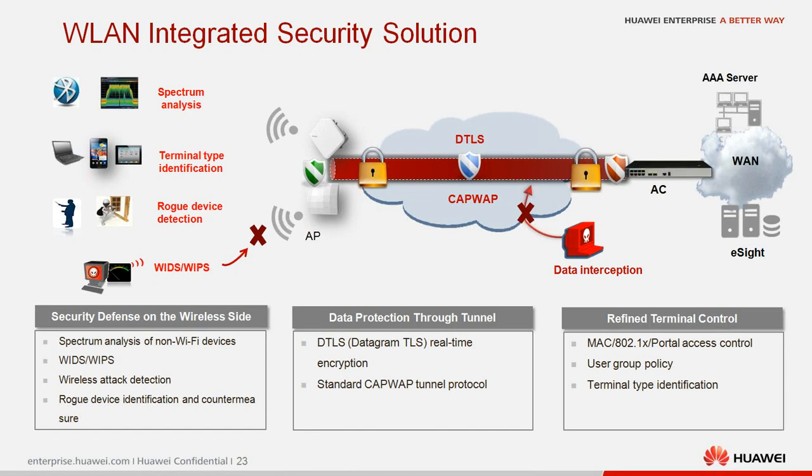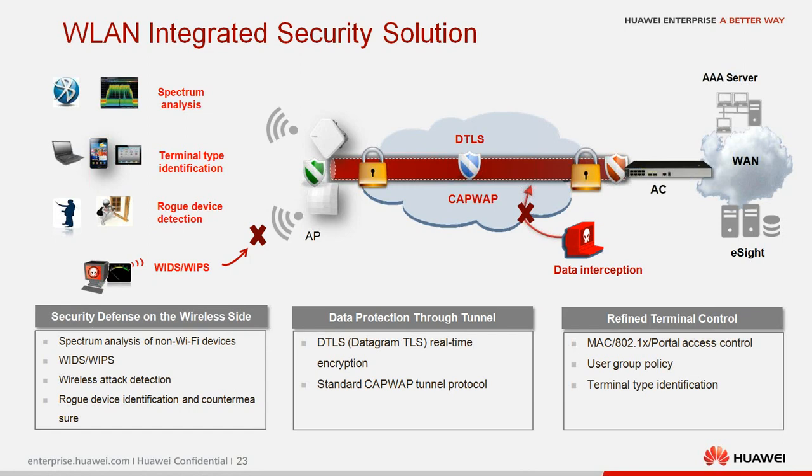Are you coming from an Apple iOS or an Android? Based on the operating system and the terminal type, we can enforce the policies accordingly. We can do rogue device detection. We can blacklist a MAC address, and all the traffic from that device goes to /dev/null.